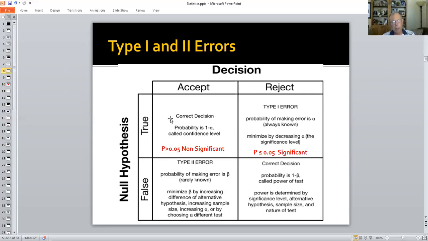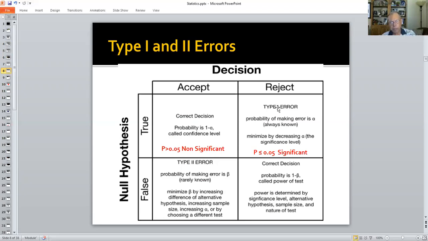So here we go. If the probability p-value is greater than this, then we say, okay, the null hypothesis is true, correct decision. On the other hand, if it's less than 0.05, we say we will reject the null. And that means if we reject the null, by default we accept the alternate.